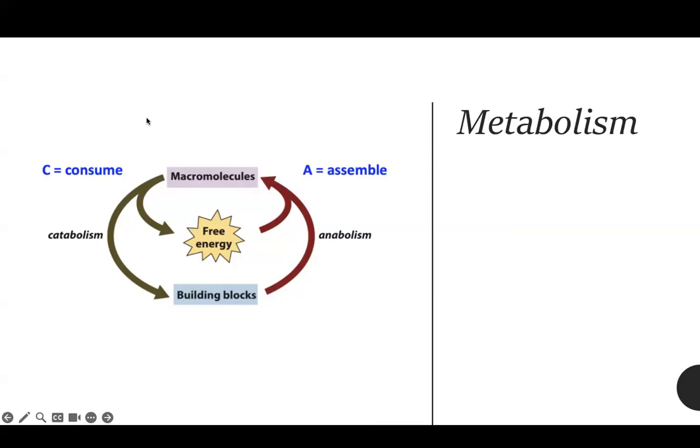For this, we require energy input because we are building things. And then we have catabolism, in which we break down these macromolecules into building blocks and we get free energy out of those reactions. And these pathways are all interconnected between breakdown and assembly.